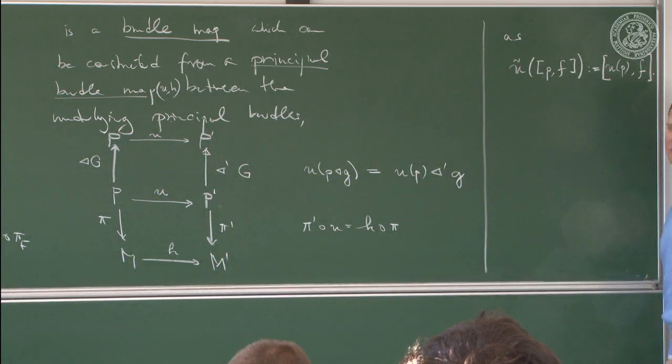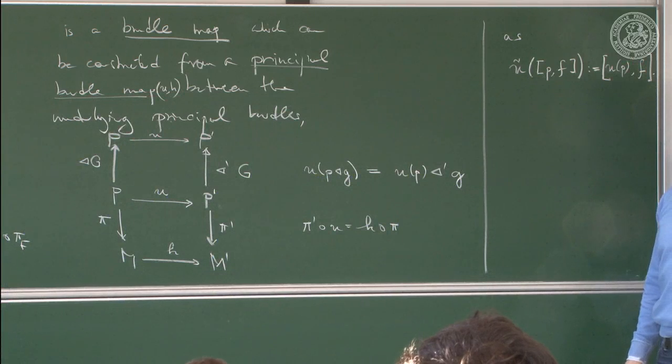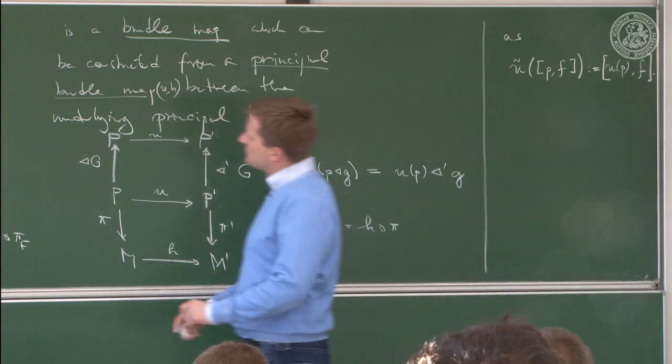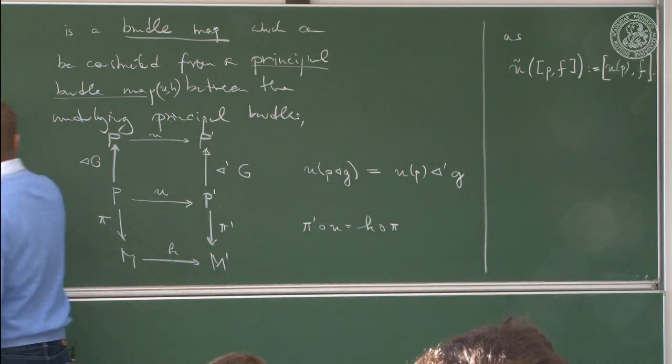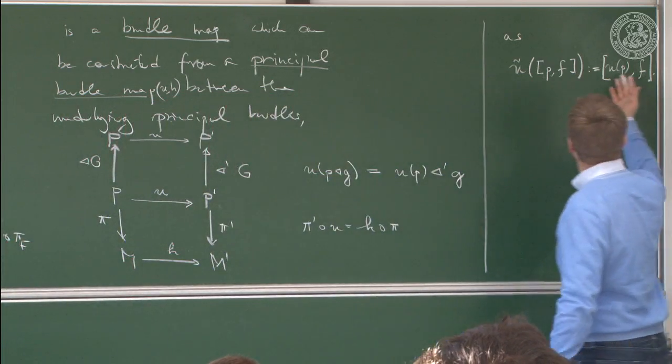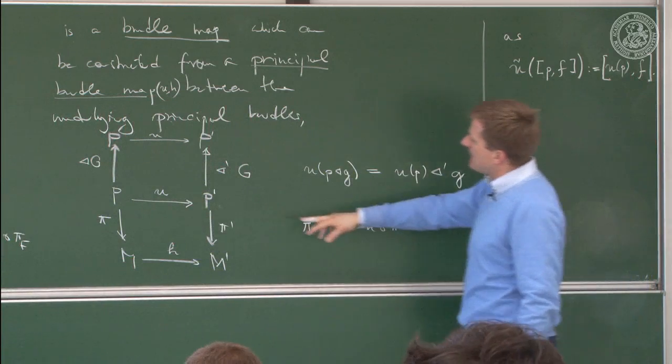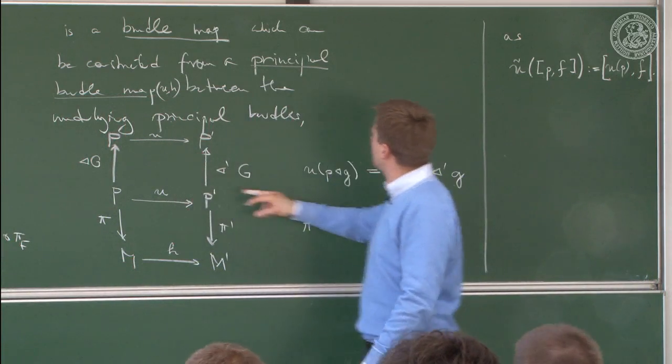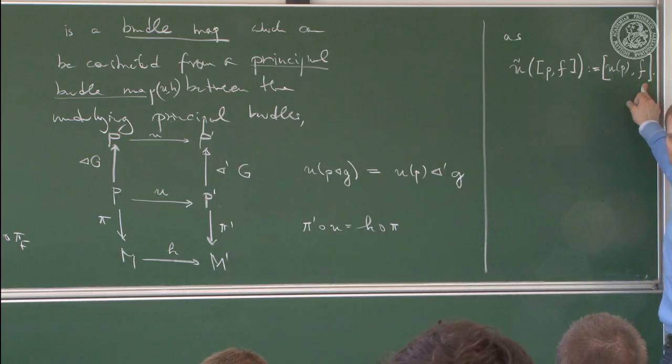So now the sentence has ended. The principal associated bundle map is a bundle map with the additional property that it has to be induced from some principal bundle map in this fashion.